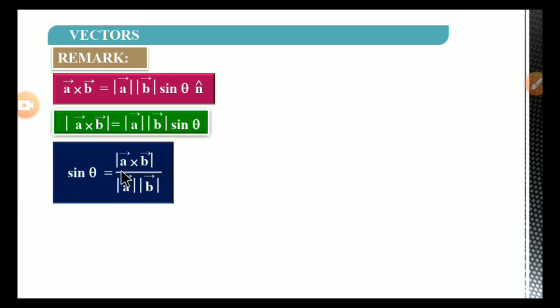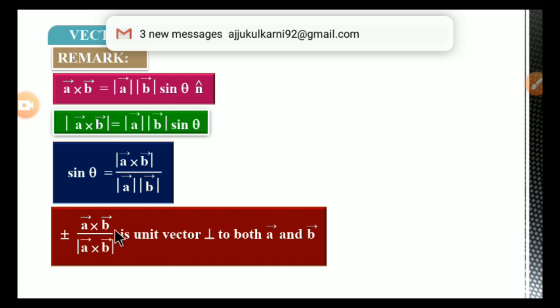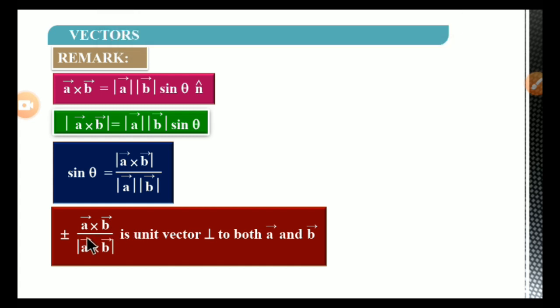And sine theta is always equal to magnitude of A cross B divided by magnitude of A into magnitude of B. Plus or minus A cross B divided by magnitude of A cross B is the unit vector perpendicular to both vectors A and B.